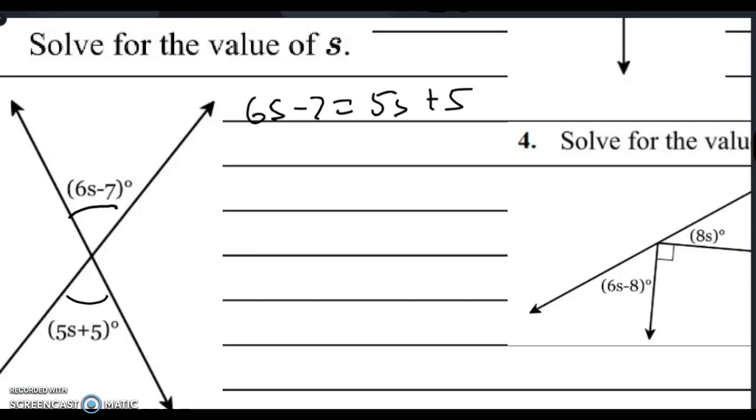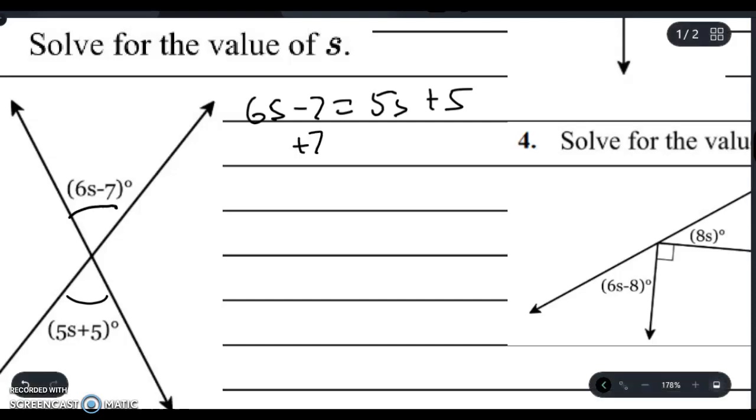So I'm going to move the numbers to the right and letters to the left. I'm going to start with the number here. I'm going to add 7 on both sides. You get 6S is equal to 5S plus 12.